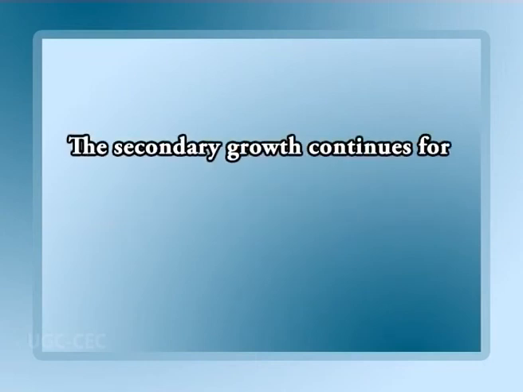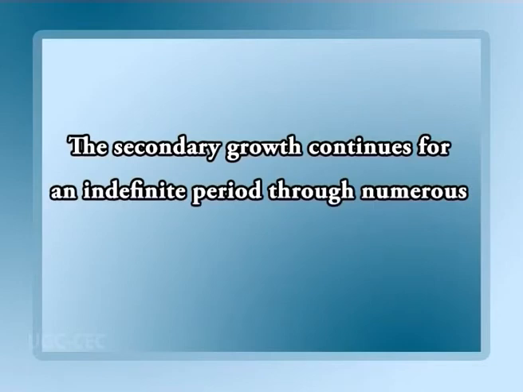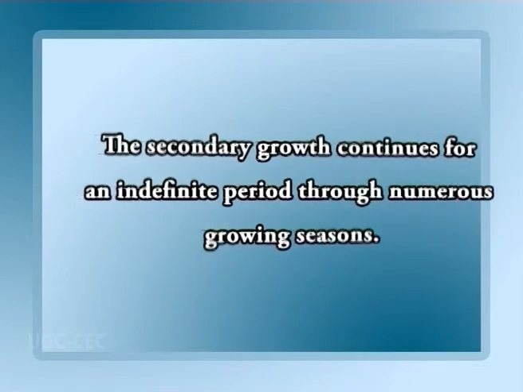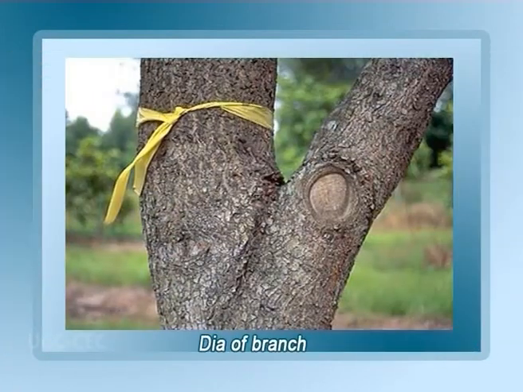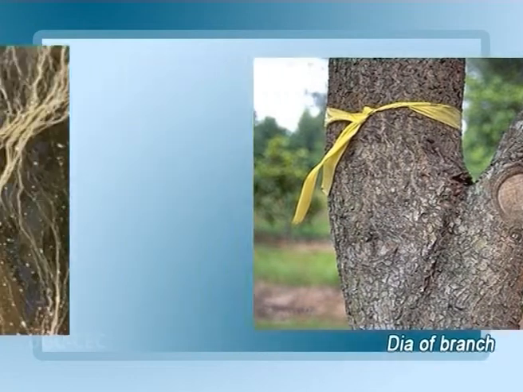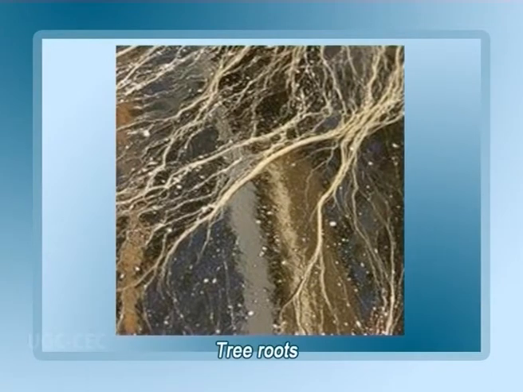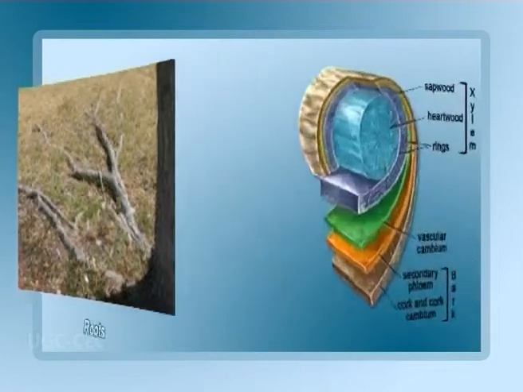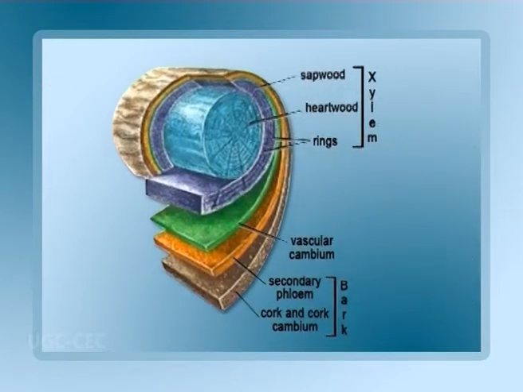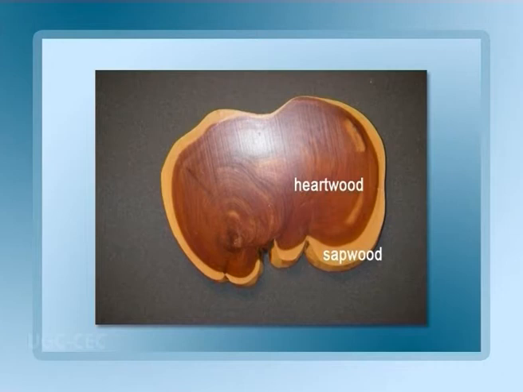The secondary growth continues for an indefinite period of time through numerous growing seasons. Hence, the diameter of main trunk, branch, as well as the roots continues to increase throughout the life of the plant. Formation of growth rings, heartwood, sapwood, etc. is the result of this activity.